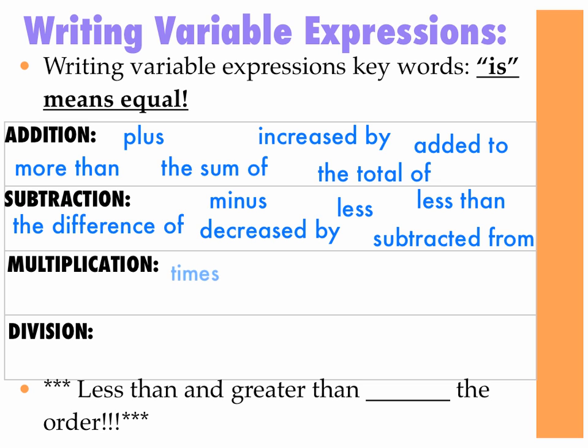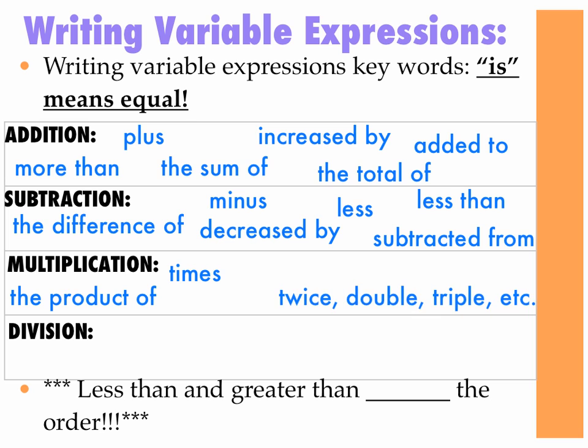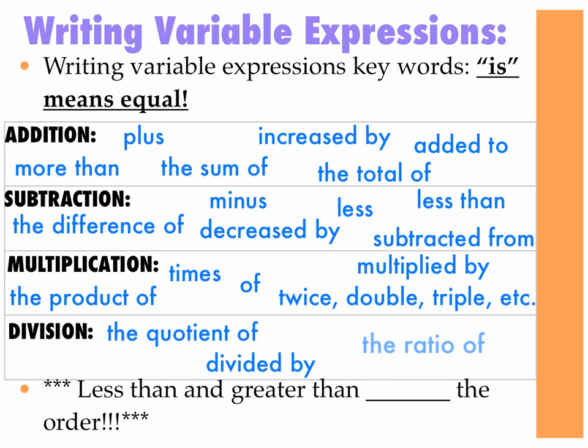Multiplication keywords would be times, the product of, twice, double, tripled, etc., multiplied by, and of. And then some division keywords would be the quotient of, divided by, and the ratio of.